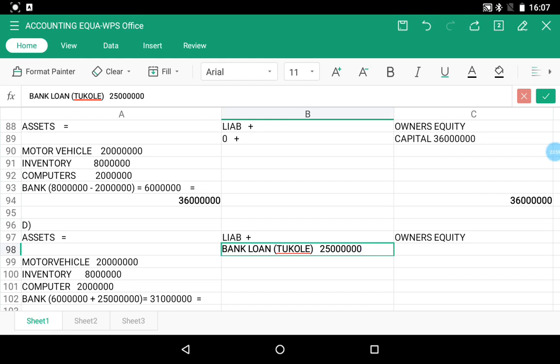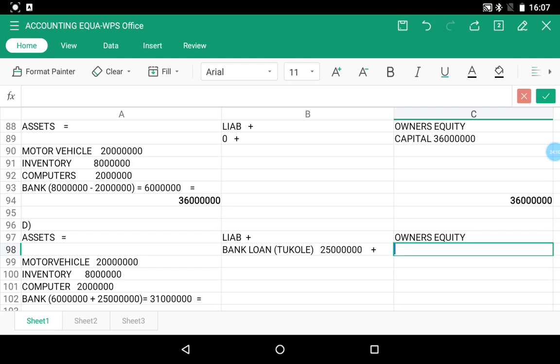Today we are receiving money, but anytime when the period comes, we are going to pay. Do we have any other liability? No. So we are going to add owner's equity. We still have our capital of how much? 36 million.